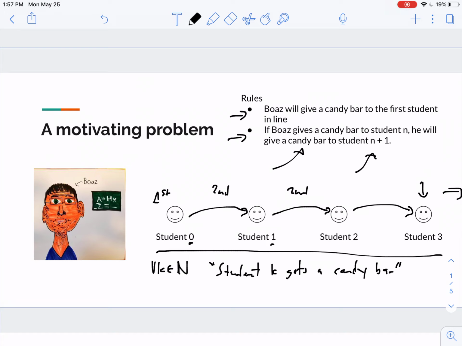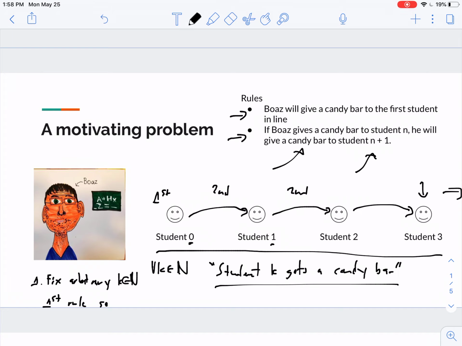And remember, if we go back to how we proved universal statements, the first step was always to fix an arbitrary k in the natural numbers, right? And so then we want to prove that this predicate, this statement, "student k gets a candy bar," is true for that k. And we know that that'll be true because we can apply the first rule.